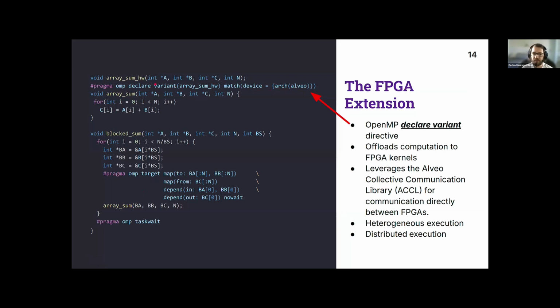It's much easier for you to say that I want to use the FPGA kernel here instead of the CPU kernel without changing the code, and much easier to switch between your kernel on the FPGA and your CPU kernel, or even switch between kernels in the FPGA. You just need to change the declared variant.